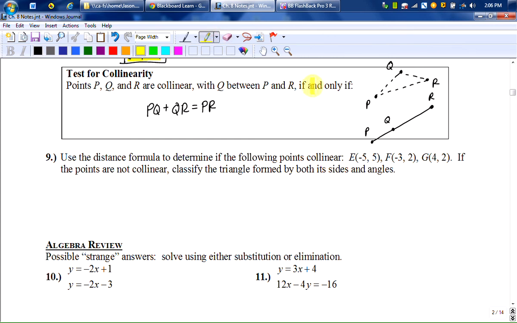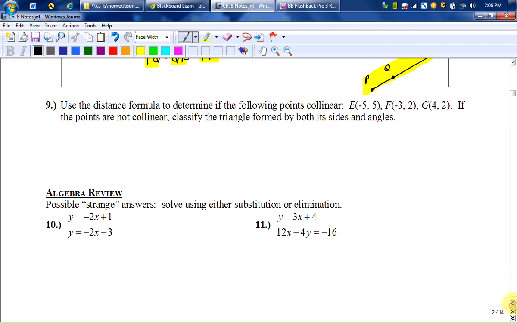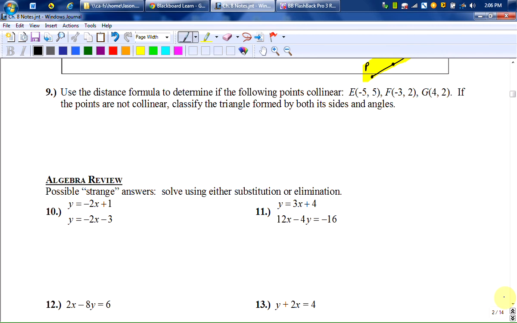If and only if, meaning we could read this forwards and backwards. So if the 2 smaller distances add up to be equal to the bigger distance, then this highlighted picture, all of the points being collinear, must be the situation that we're dealing with.